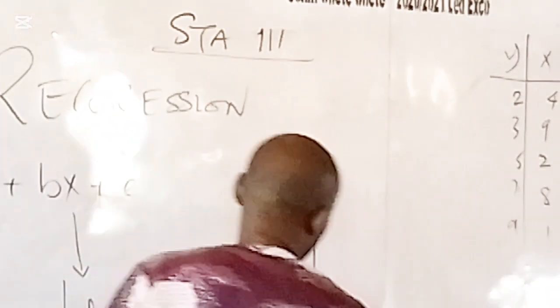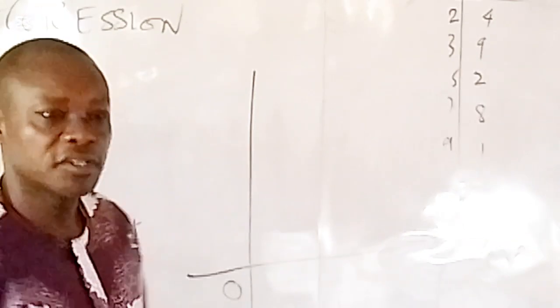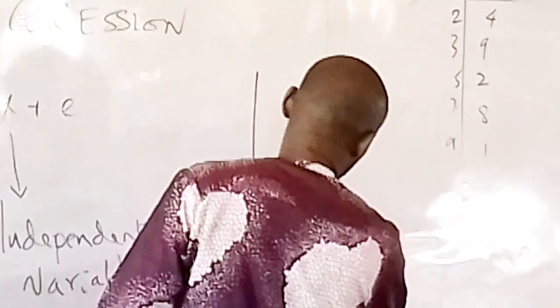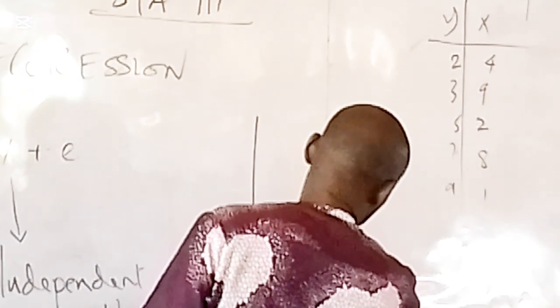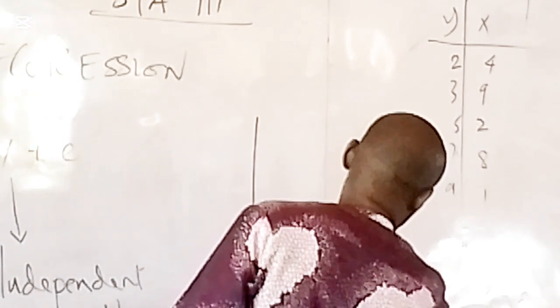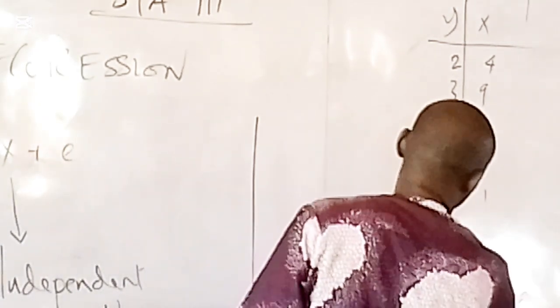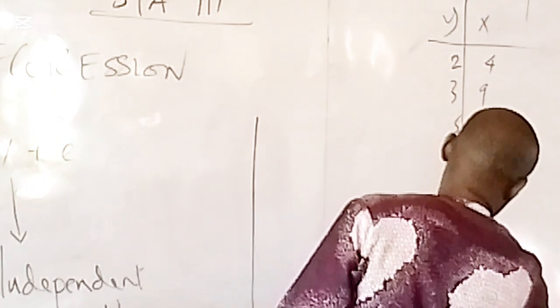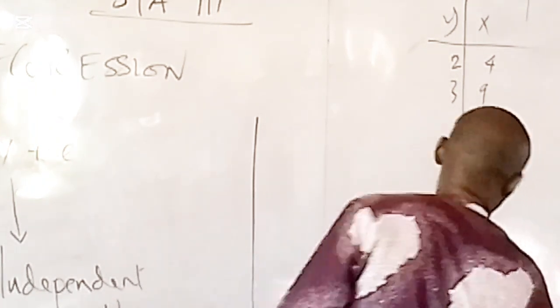So we'll draw something like this. I think this is the origin. Let's say the x values are 1, 3, 4, 5, 6, 7, 8, 9, and it goes like that.